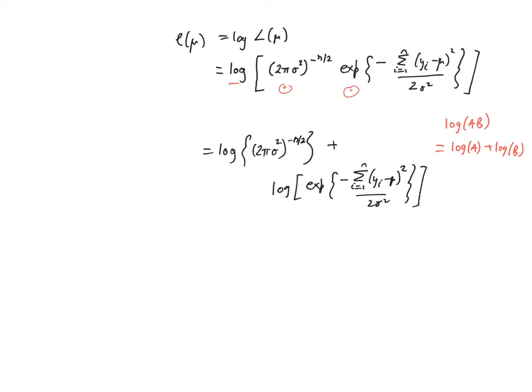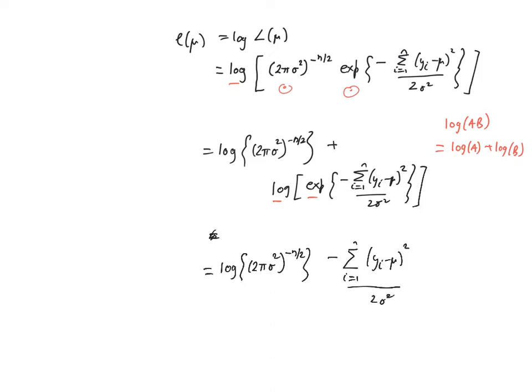Okay, and it's also a fact that log is the inverse function of exp. So when we apply log to the exp, they effectively cancel each other out. And that gives us that the log of the likelihood is just the log of the first term, and then we just have minus, coming from the exp term, the sum of (yi minus mu) squared over 2 sigma squared.